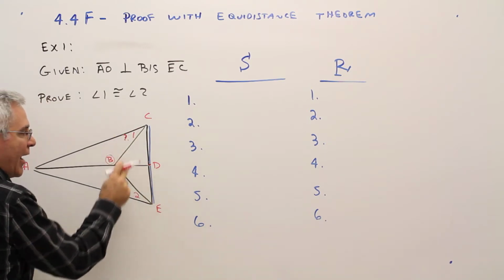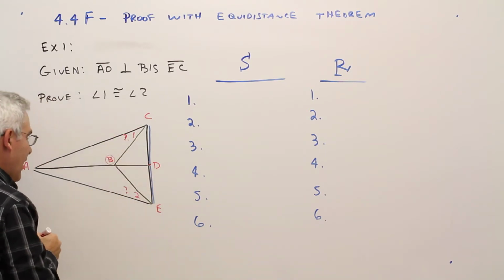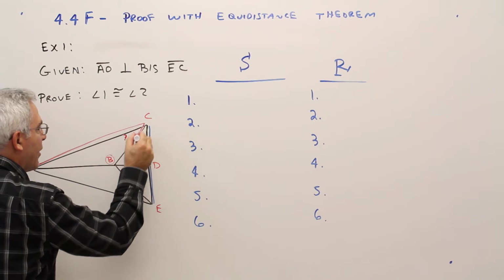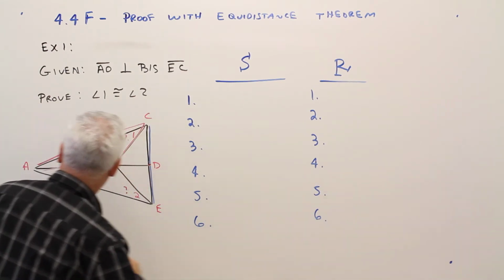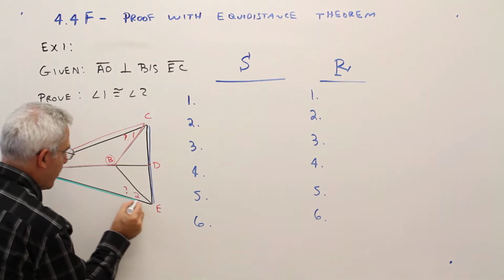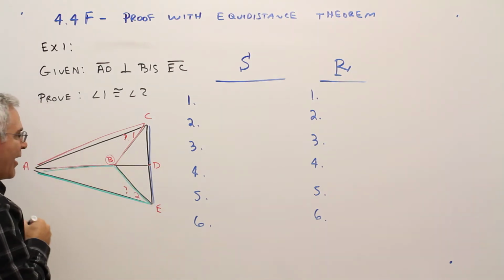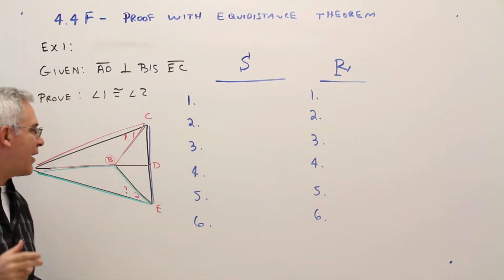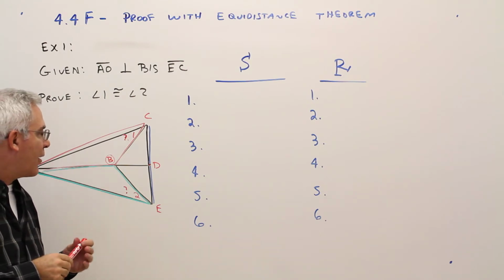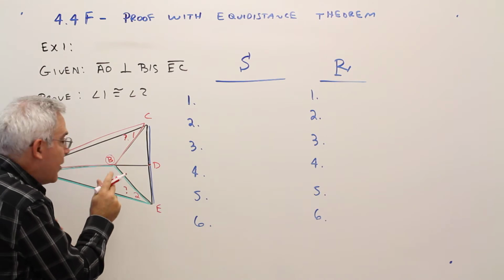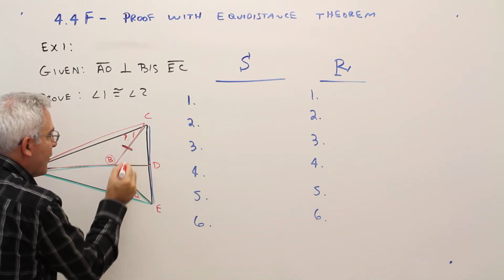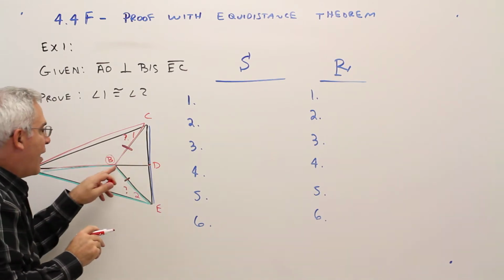However, since I'm trying to get angle 1 and angle 2, I'm looking at these two triangles right here. Those would be the triangles that, if I could get them congruent, I can then use CPCTC to get the angles. Oh, and on your notes, point B is not written in. So I will be able to get this side congruent to that side.